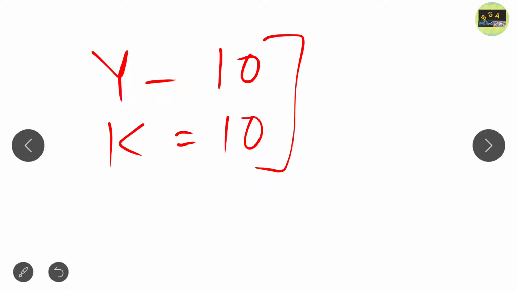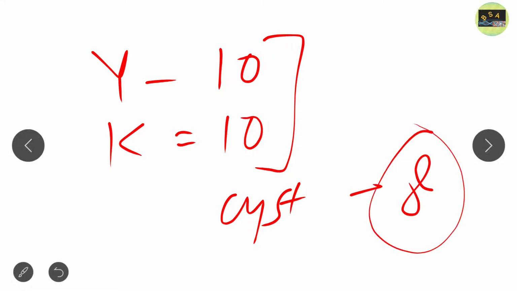And the pKr value for cysteine is taken as 8. So this is unique. In this way you have to remember the pKr values. These are all important things that I have to discuss with you before starting the calculation part.